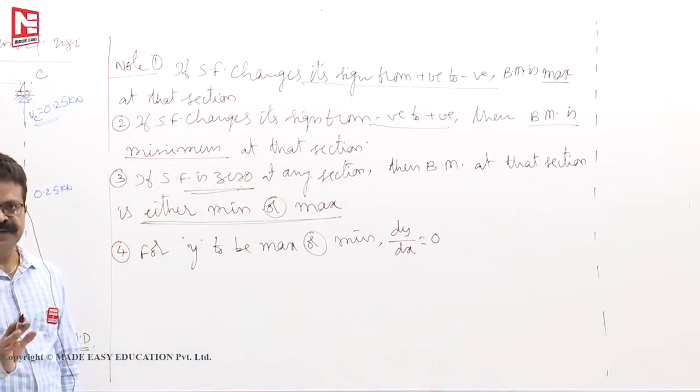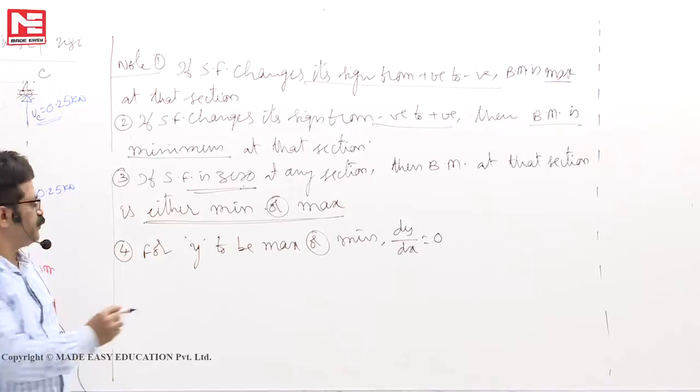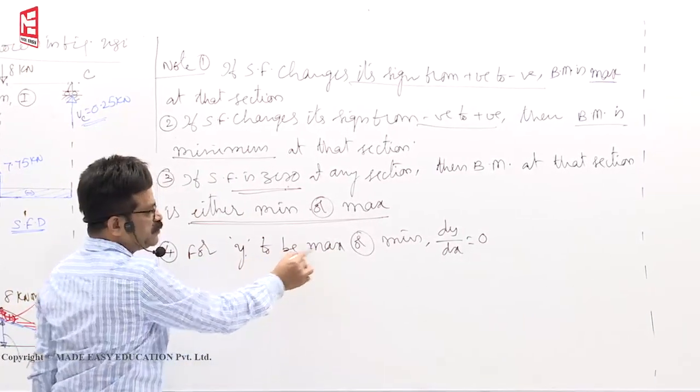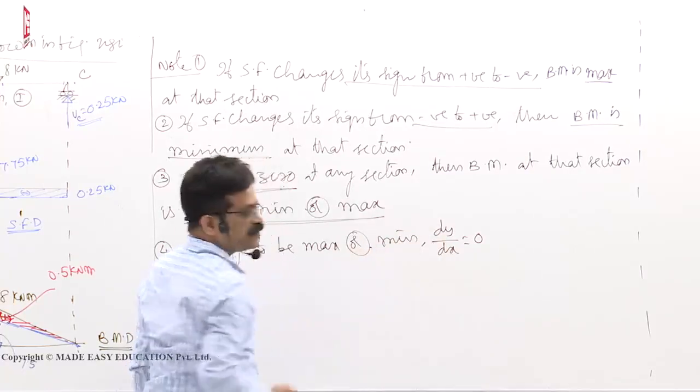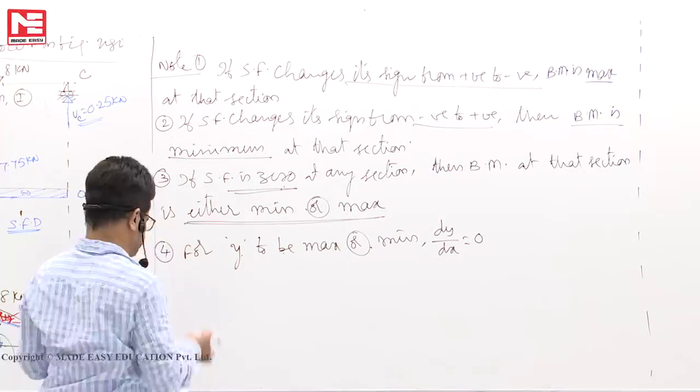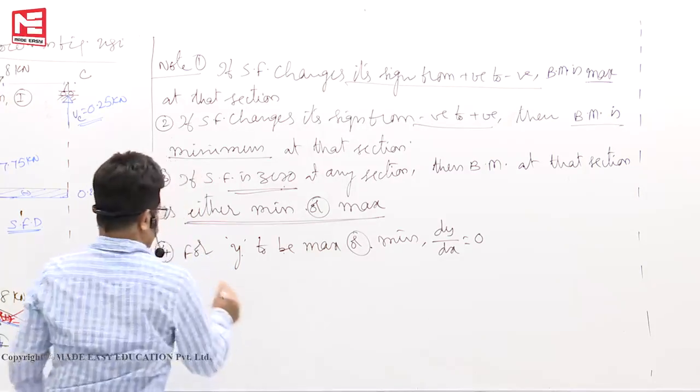For any mathematical curve you take, for the y ordinate to be maximum or minimum, the first differentiation dy by dx must be 0. Okay, that is what you have studied.